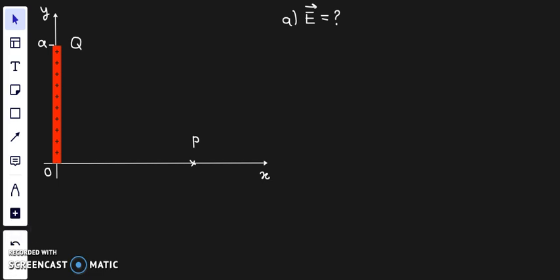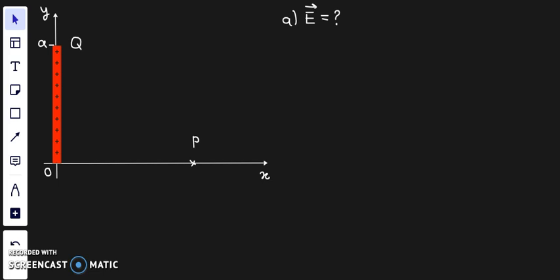It turns out there's no symmetry in this problem, so the electric field vector has both an x component and a y component. We are going to calculate those components separately. Because this is an extended charge distribution, we are going to divide this linear shape into small parts that we're going to call dq, and each part will act like a point charge.